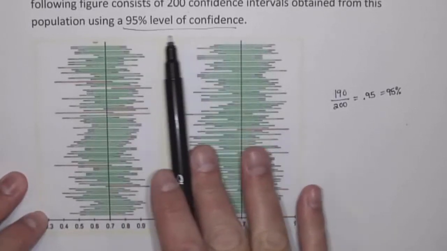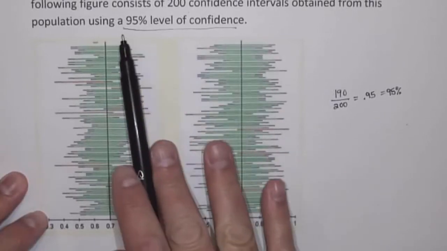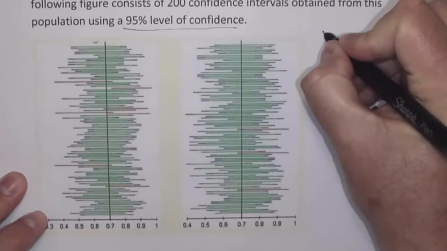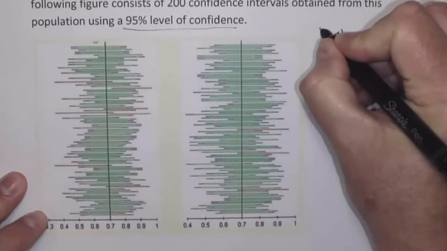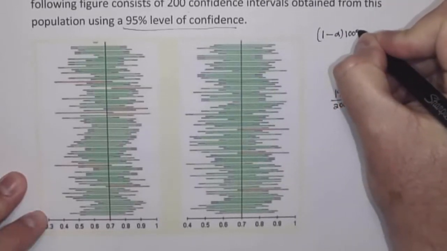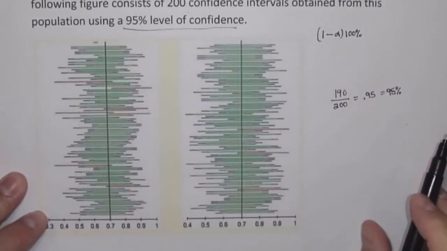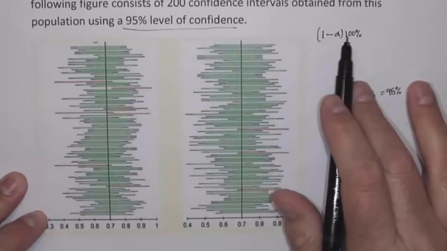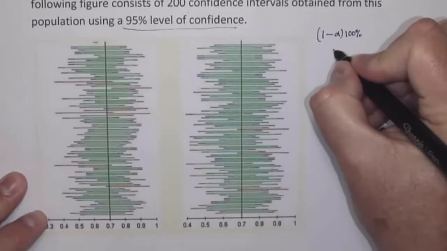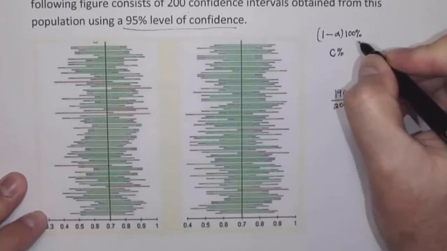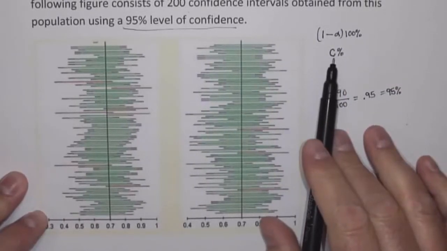So again, our statistical methods, whatever our level of confidence is, which generically we're going to call 1 minus alpha times 100% confidence. So that's generically going to be our level of confidence. To be totally honest, I'm not crazy about that notation, so a lot of times I'll use the letter C. So I'll say we're C confident. So C is standing for confidence.